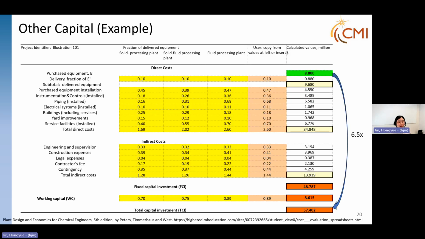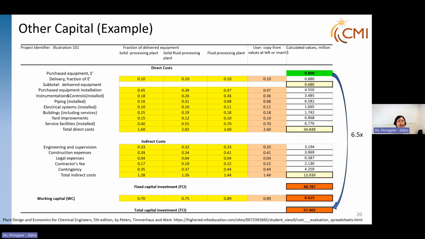And then other capital costs, such as delivery of equipment, installation, instrumentation, piping. All these costs are essential for functioning of the equipment, but many times these are omitted in TEA. So we want to include this based on some factors.